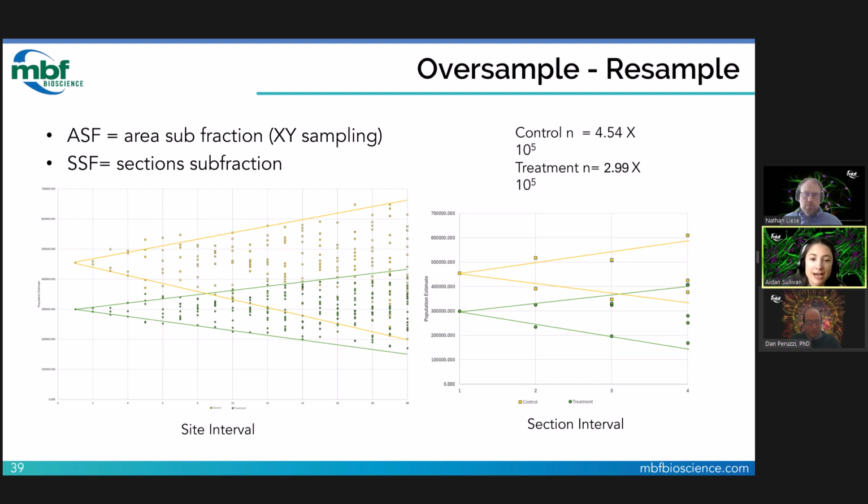You can see that I have put the cones on, and the overlap of those cones between our treatment and control groups is a site interval of about 8, somewhere around there. But look at site 5, a site interval of 5 here, Dan. These estimates are really close together.